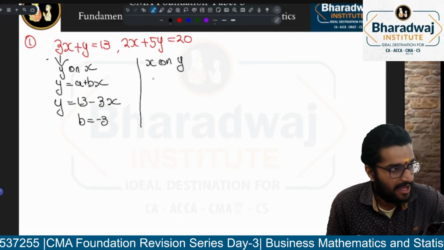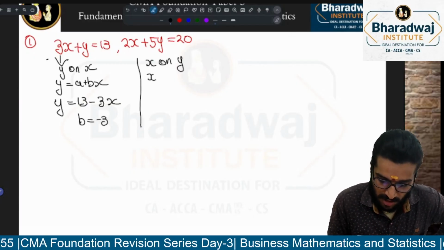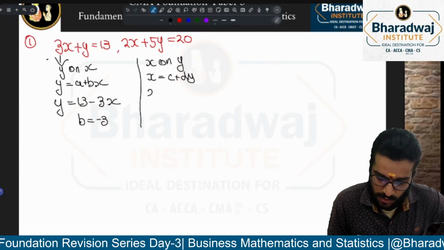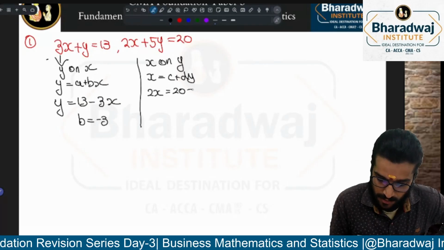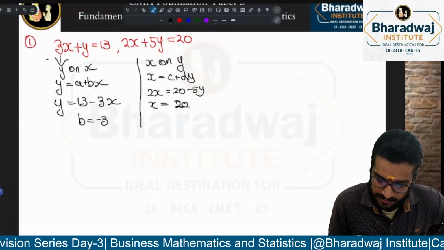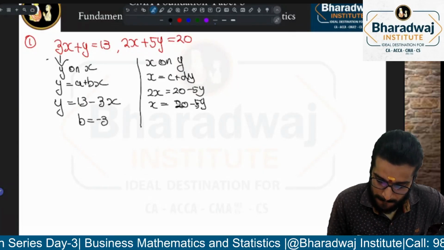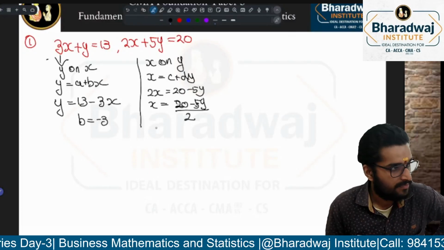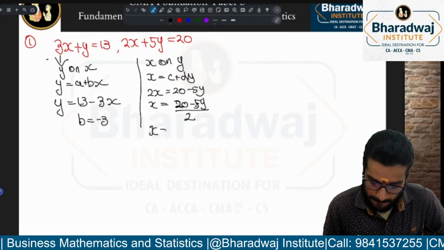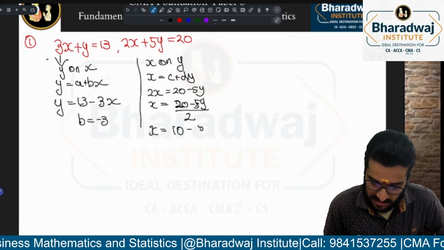If this is y on x, this should be x on y, so it should be written in the format of x equal to c plus dy. So 2x equal to 20 minus 5y, x equal to 20 minus 5y divided by 2, which is 10 minus 5 by 2 y.